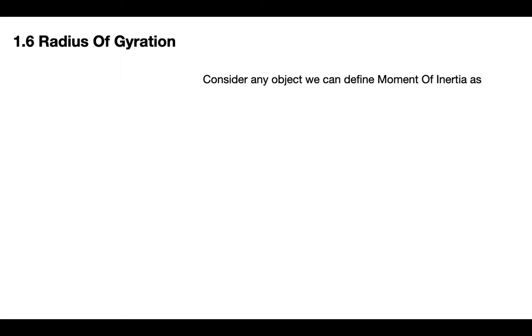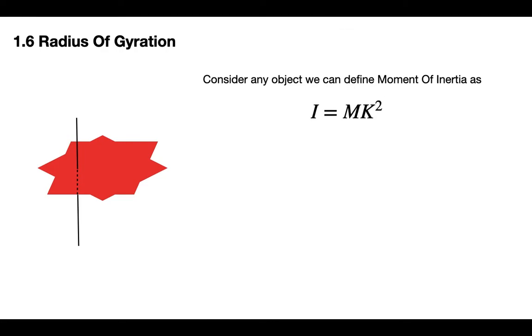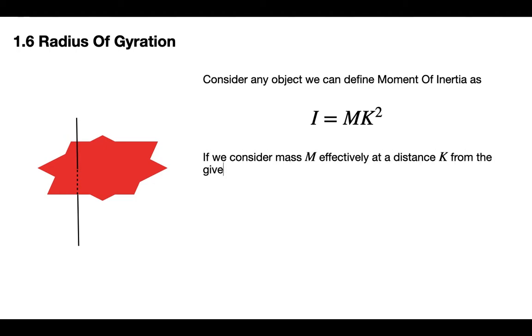Let's understand what the radius of gyration is. Consider any object, a random object; it need not be circular or any special shape. You can define the moment of inertia of that object as I is equal to mk square.